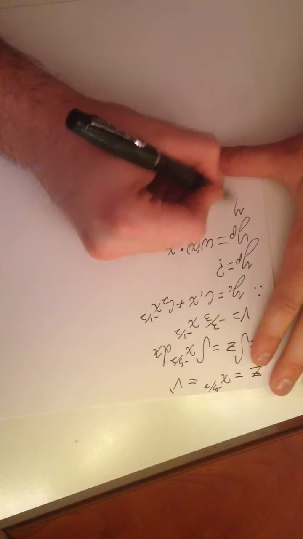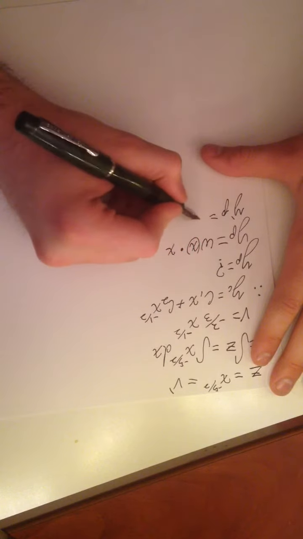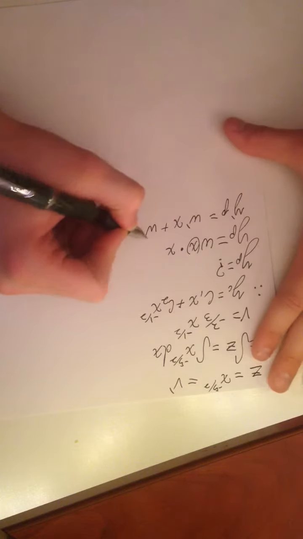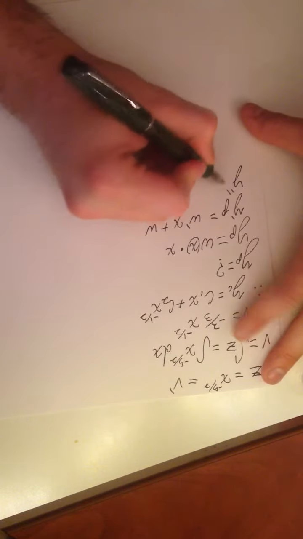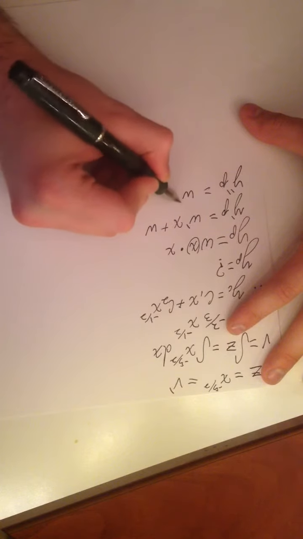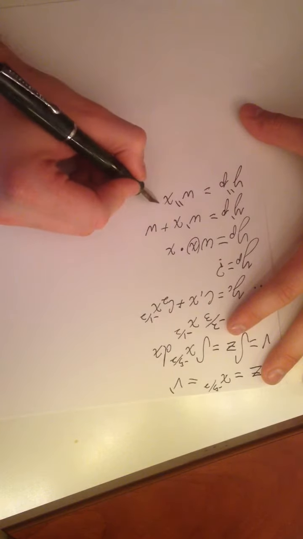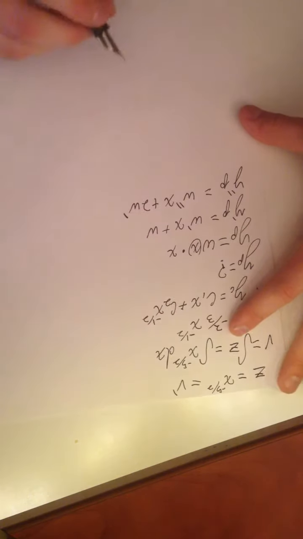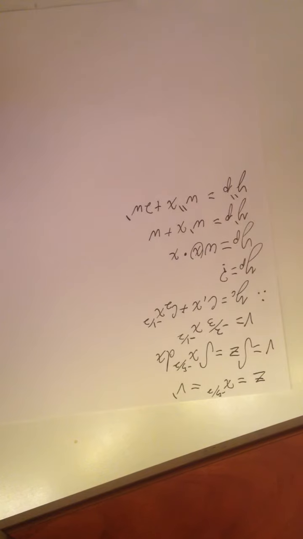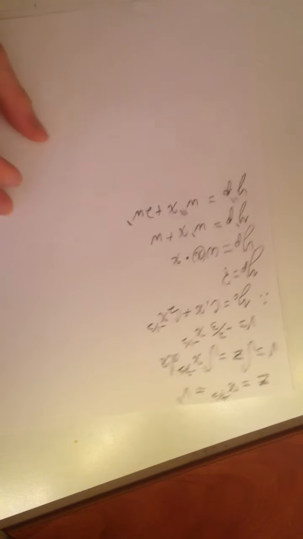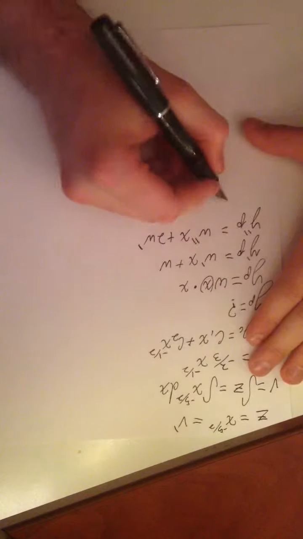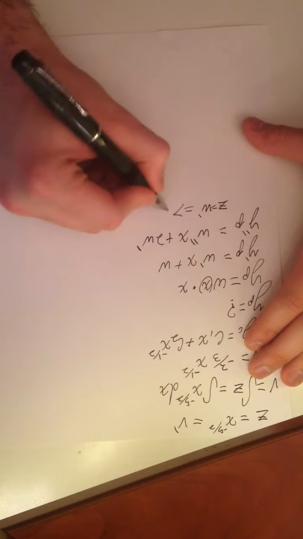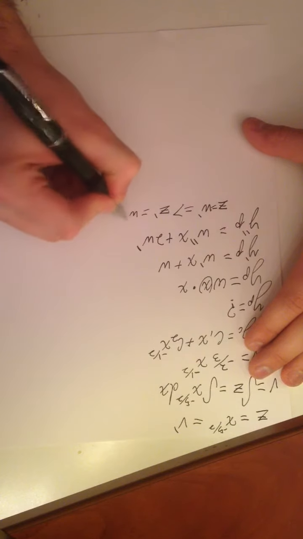Therefore, we can say that our yp prime is going to equal w prime times x plus w, and our yp double prime is equal to w double prime times x plus 2w prime. Now we're going to use the reduction method again and find that our z is equal to w prime. Therefore, our z prime is equal to w double prime.